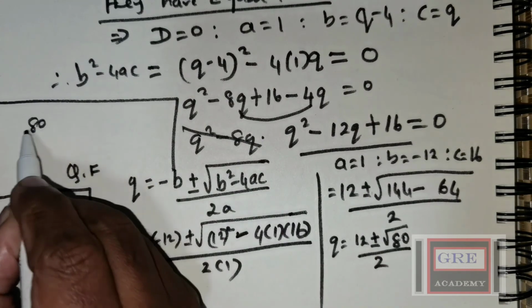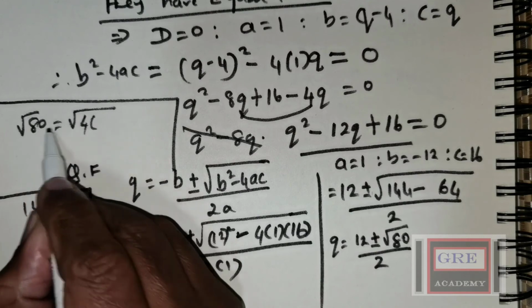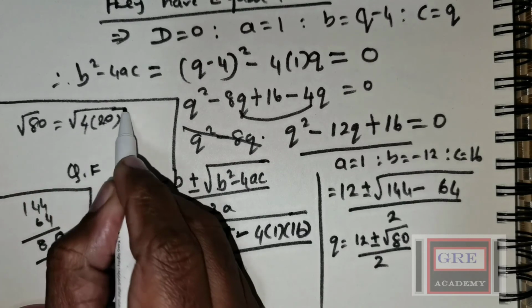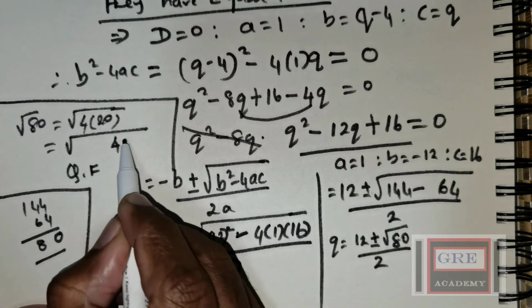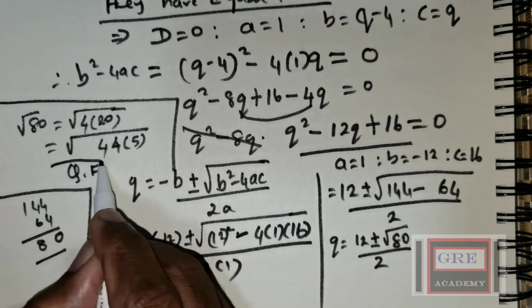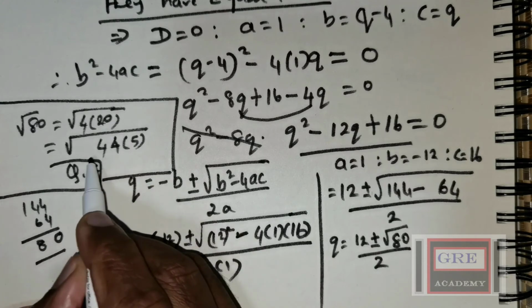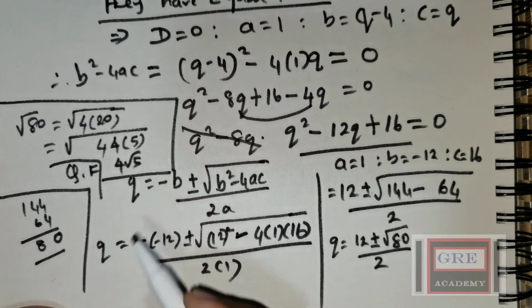Root of 80 can be written as 4 times 20, but 20 can be written as 4 times 5. So you got 4 squared there. So if you were to take the square root, you would get 4 times root 5. So this is what you would get.